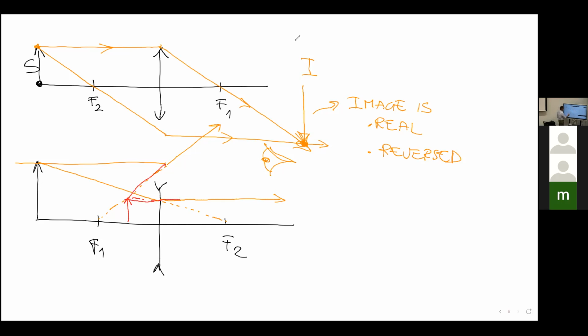So the image here is virtual, and right. What does it mean, right? It has the same orientation as the object. Okay, so if you are watching through a diverging lens, you see the object smaller and closer to you.